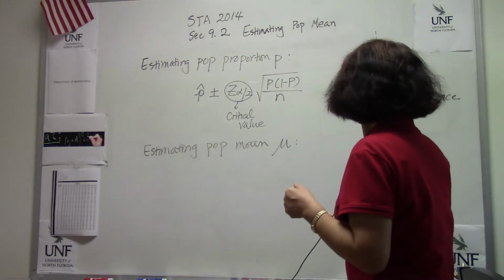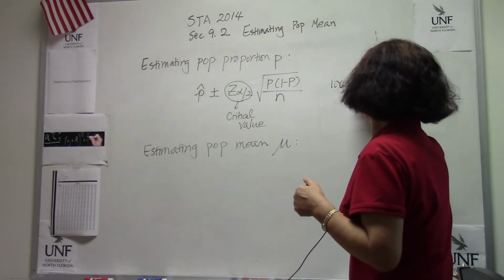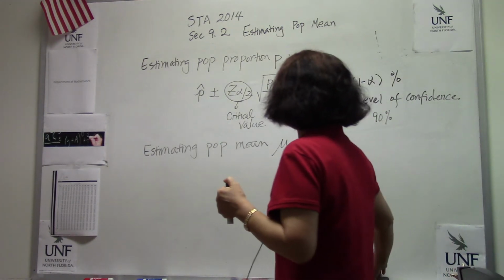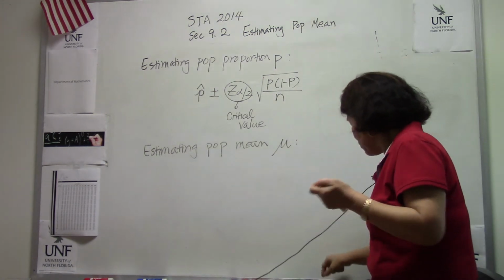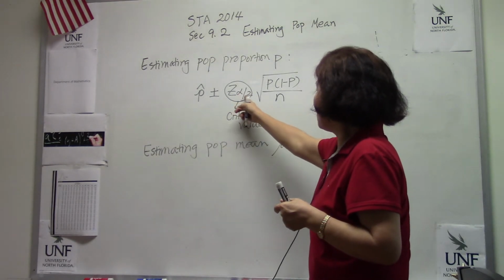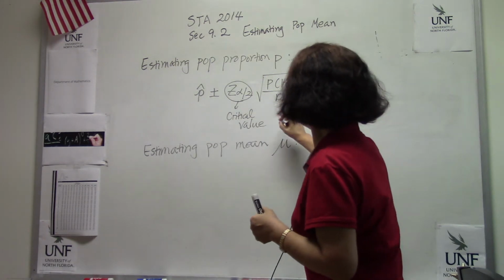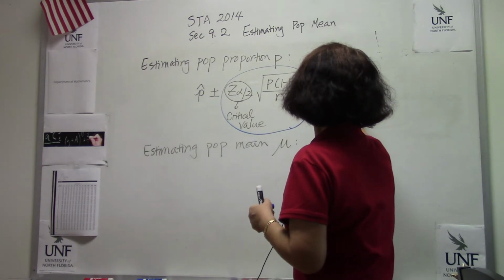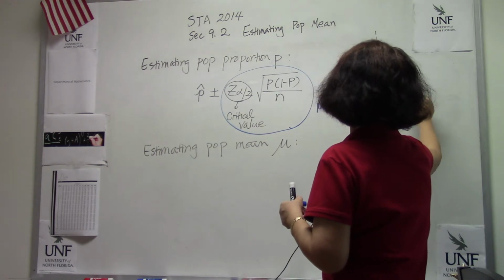For example, 90% means this portion has to be 0.9, so alpha is going to be 0.1. And this one times this. So z sub alpha over 2 we call the critical value, and this portion all together we call the margin of error. We are going to put just a capital E.